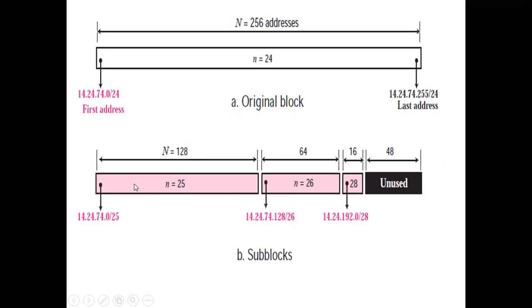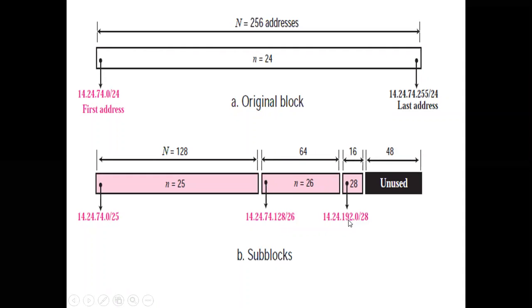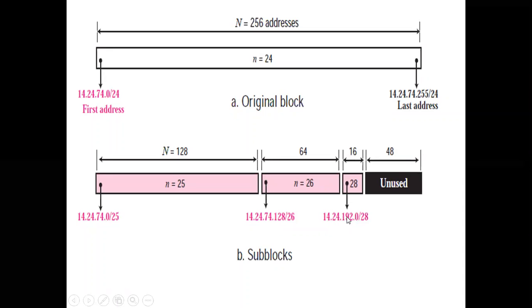You can see the first partition starting from 74.0 will go up to 74.127. Second will start from 74.128, will go up to 74.191. This will move from 74.192 to 74.207. This is a printing mistake. This has to be corrected.